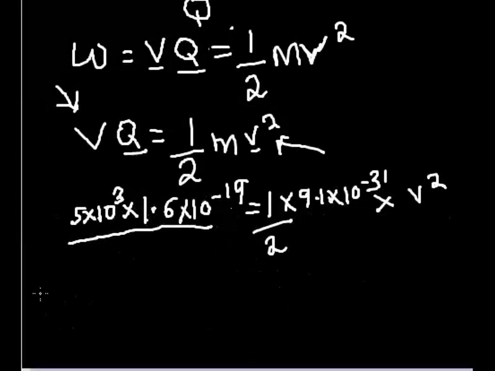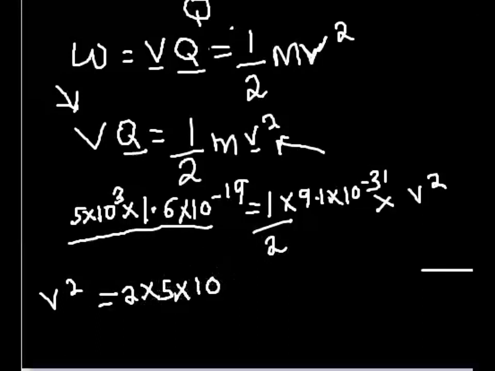So invariably now I can simply say that my v square is, first of all, the cross multiplication of 2 times this. So that's going to be 2 times 5 times 10 raised to the power of 3, times 1.6 times 10 raised to the power of minus 19, is the cross multiplication.